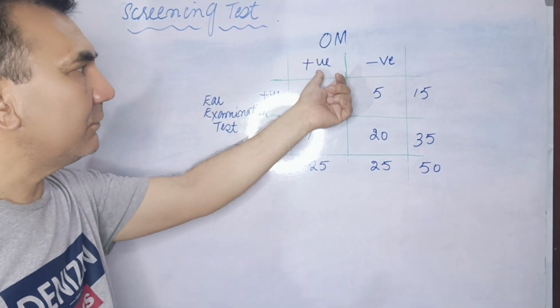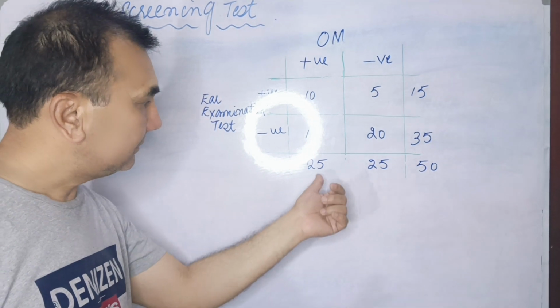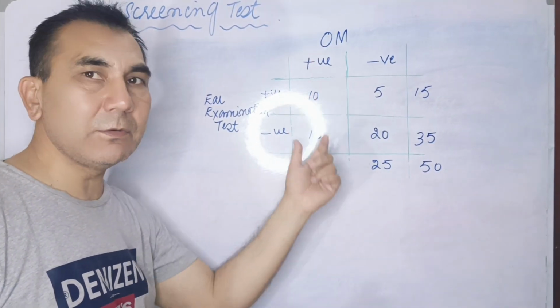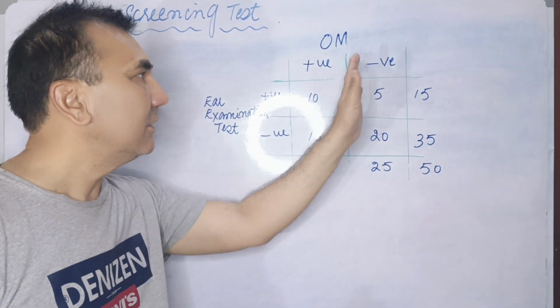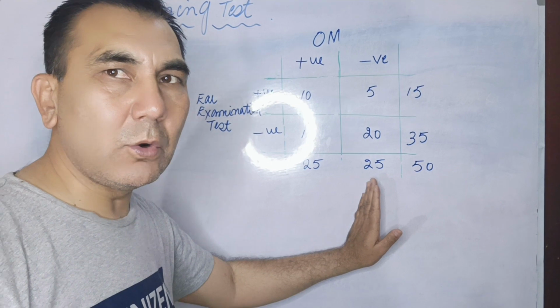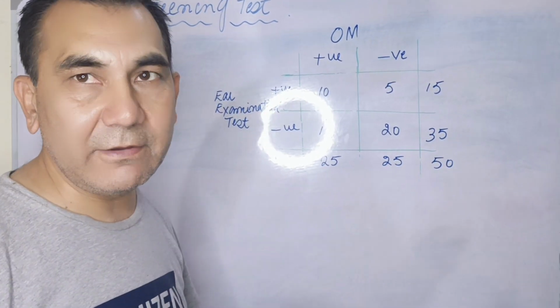The signs and symptoms of otitis media are positive; it is called disease positive people. The disease positive people with signs and symptoms of otitis media number 25, and the disease negative, where the signs and symptoms of otitis media are not present among these people, number 25.